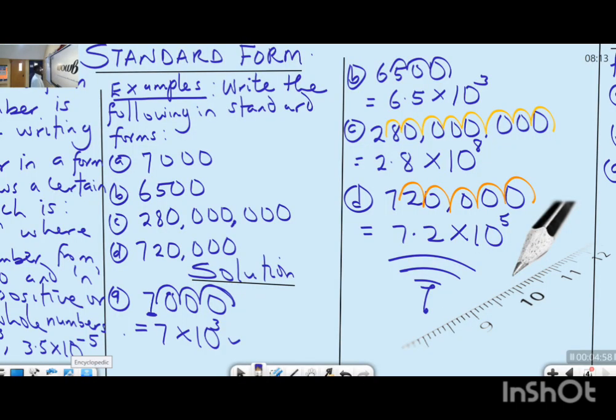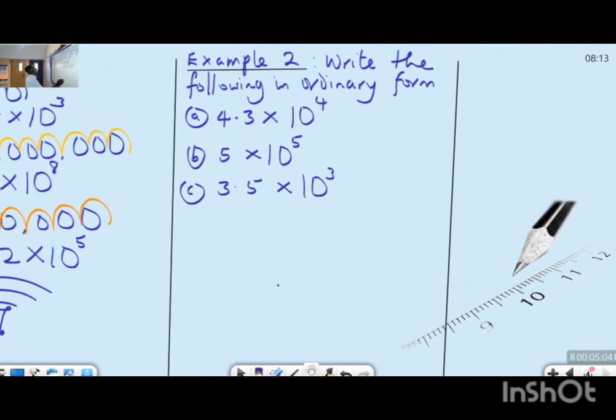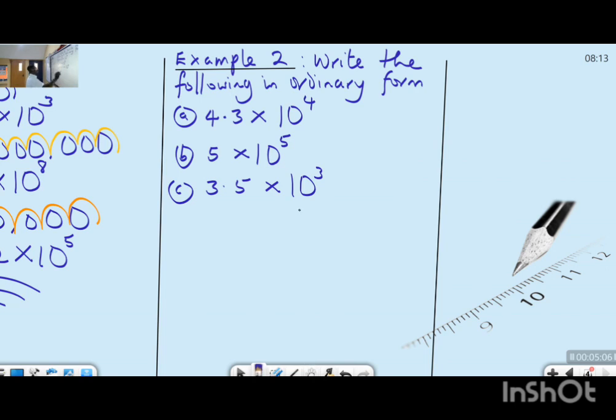So very quickly, we have another question here: expressing standard form back to ordinary form. The first one, how do we express a scientific notation back to the ordinary form? We notice that our power is positive here. So you bring down the number 4.3.